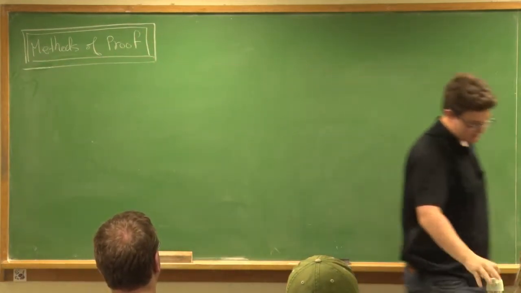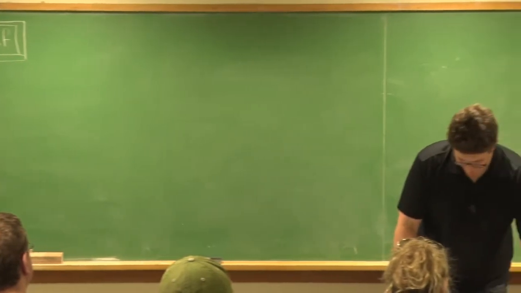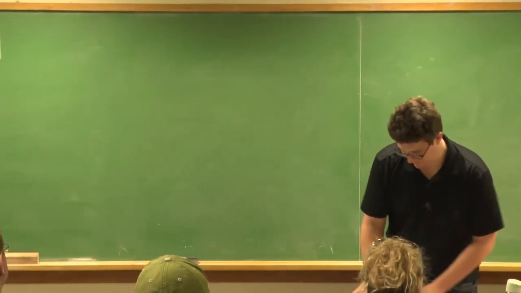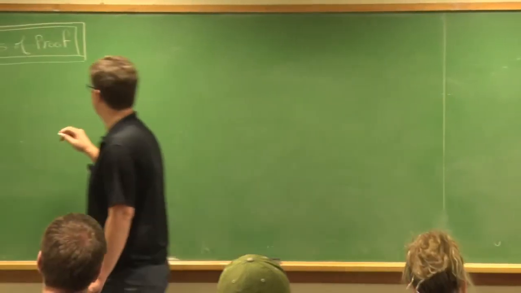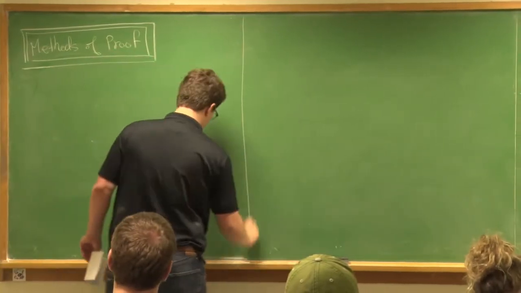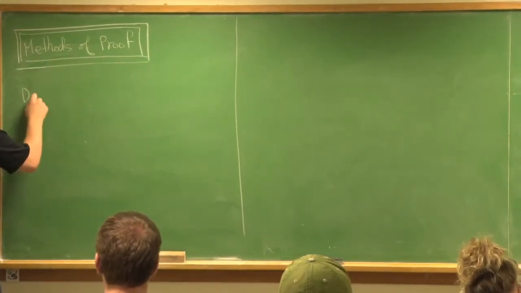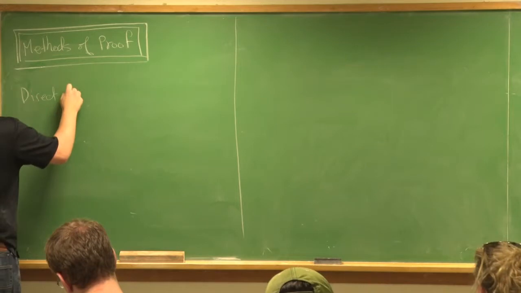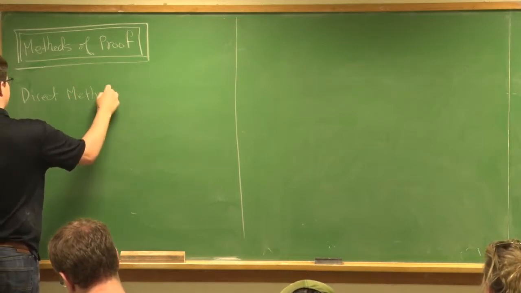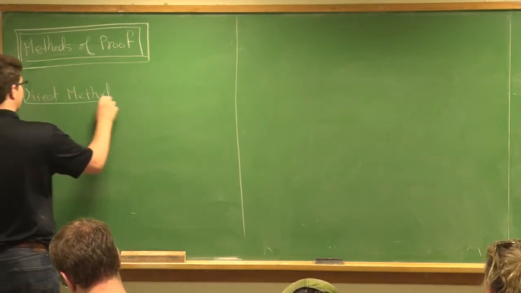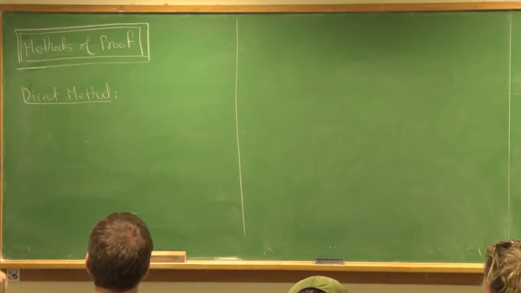Okay. So first, let's talk about the direct method. This is something we've talked about already. Essentially, I'm going to give a bunch of different methods, and then I'm going to give some examples. First, I'm going to describe what you do.